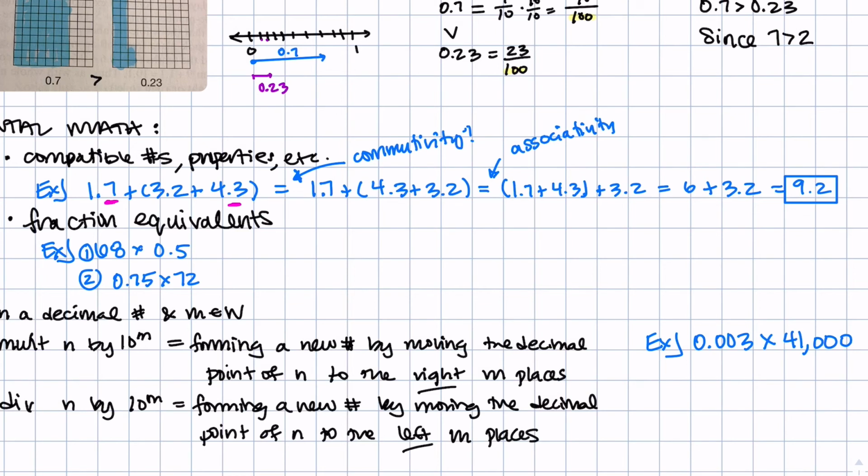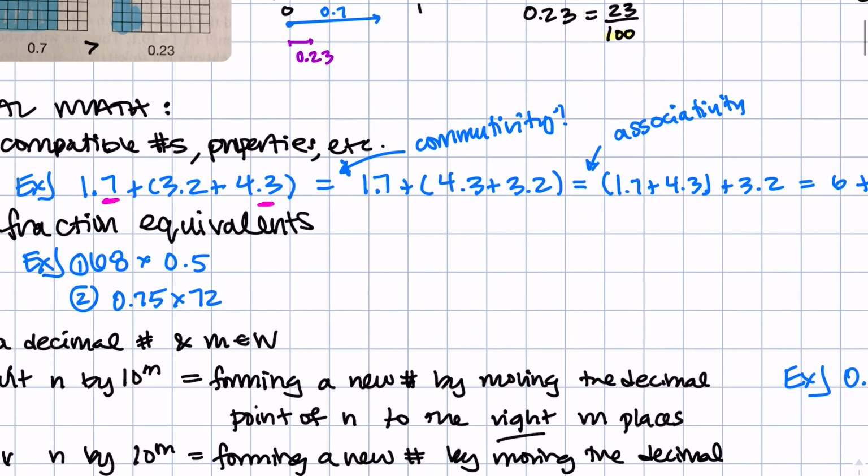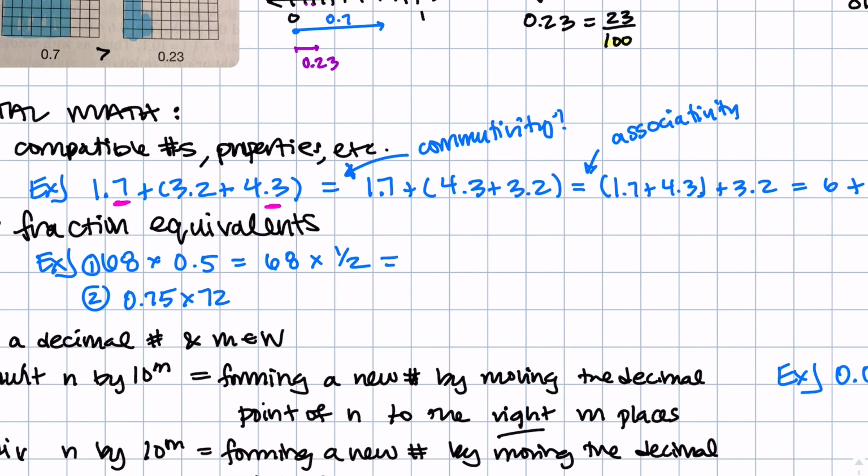And so, for example, when I think of multiplying 68 by 0.5, it might help me to think of this as multiplying 68 times a half. And that's nice because I know that multiplying by a half is really the same thing as dividing by 2. So that's just 34.